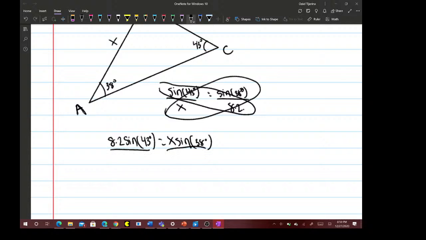And then we can divide both sides by sine of 38 degrees, and this cancels out.